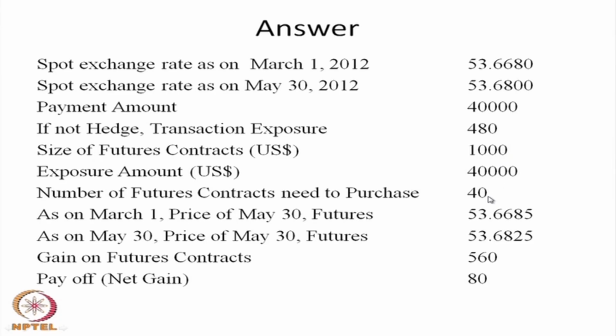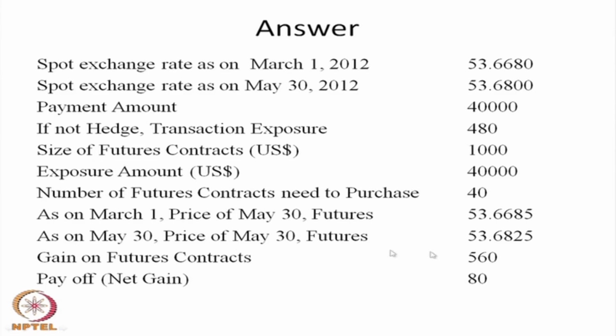So, he purchased 40 contracts from the market, and in the month of March he pays 53.6685 per dollar. But when May 30th actually arrived, the May future was running at 53.6825. So, he will gain on the future contract 560, and the payoff will be 560.